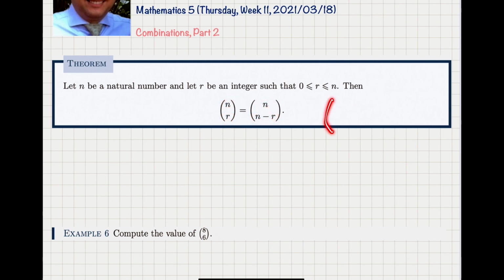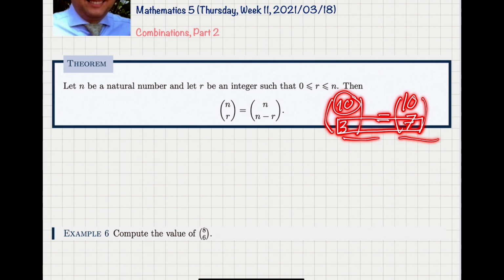For example, I don't need to calculate to see that. If I have 10 and 3 here, if I have 10 and 7 here, they are equal. Why? Because if I add these two numbers below, it becomes the number on top. If this happens, these two combinatorial numbers are equal.